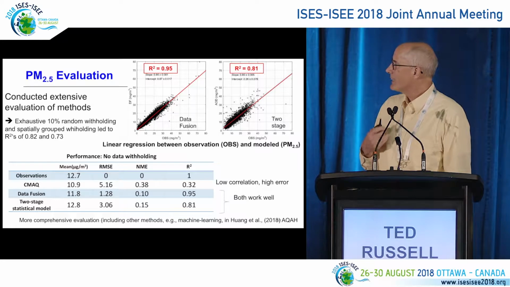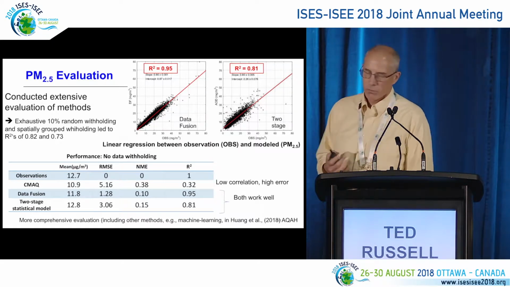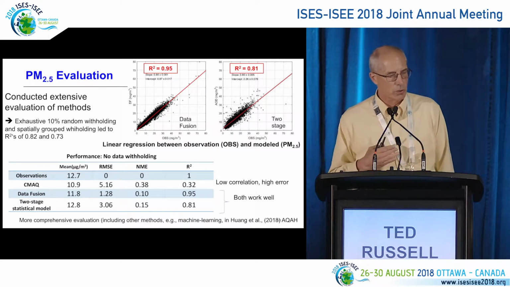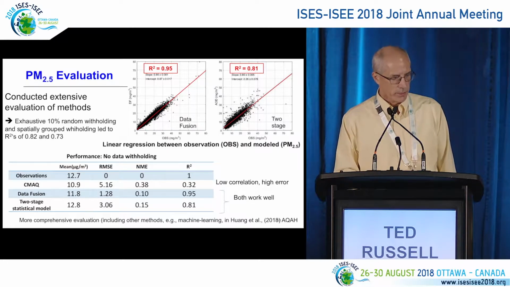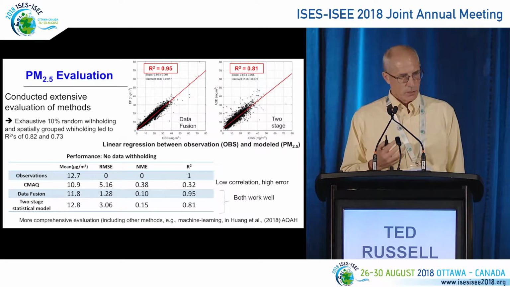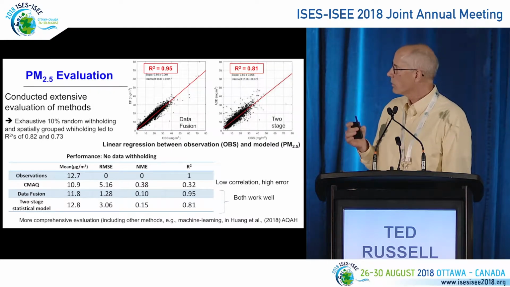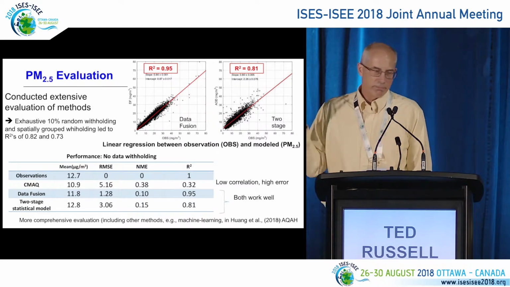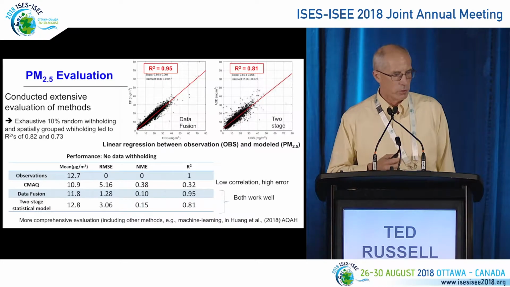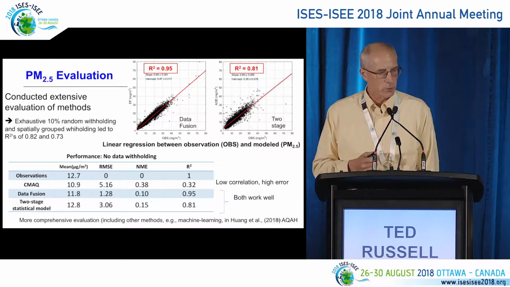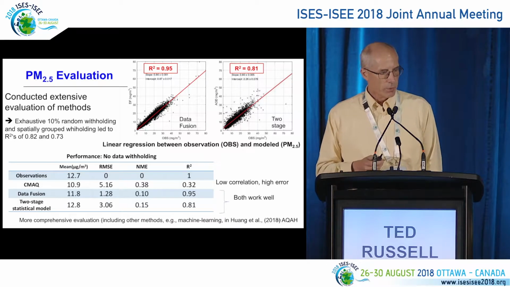And just to give you an idea of the results, since this was work completed a year or so ago, I'm not going to go into the details, but with the data fusion technique without withholding, you get a 0.95. But when you start really doing it, we use 10% random withholding as well as spatially grouped withholding.